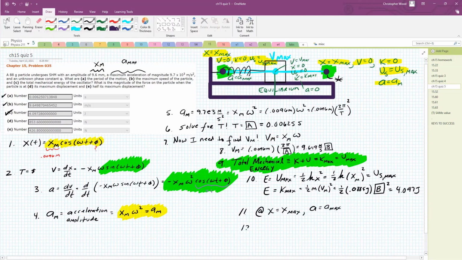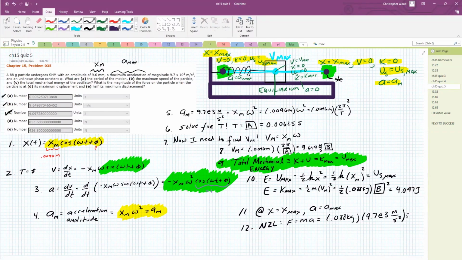Newton's second law says F equals ma, equals 0.088 kilograms times my maximum acceleration, which is 9.7 E3 meters per second squared. The calculator says 0.088 times 9,700 is 853.6.